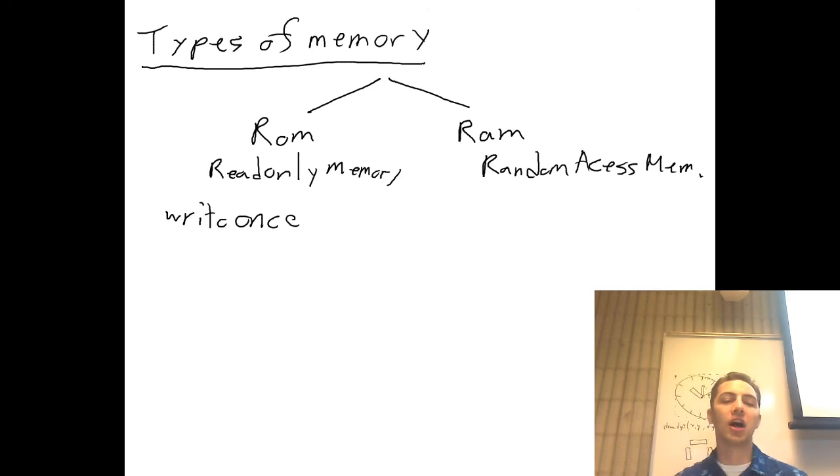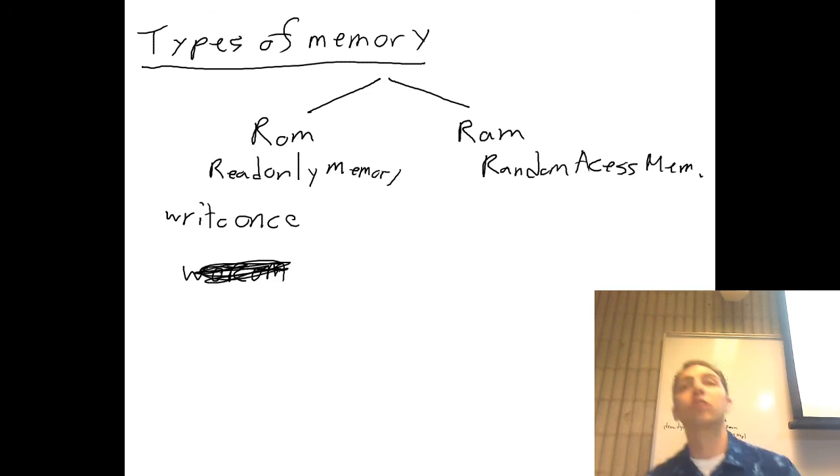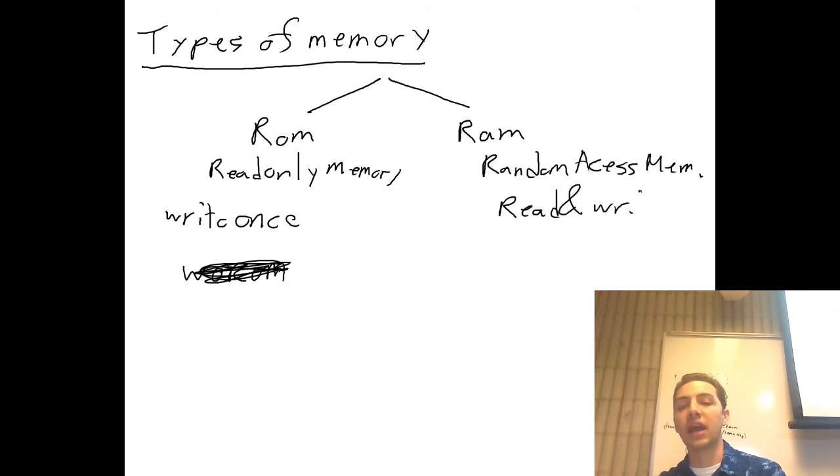So I suppose you could call it ROM memory, but that's difficult to say, so we don't do that. It's called ROM, read-only memory. RAM, by contrast, is both read and write accessible. Everything we talked about last class was RAM, read and write accessible.